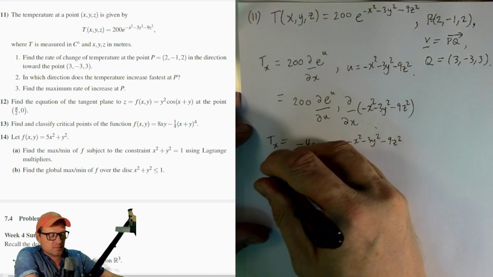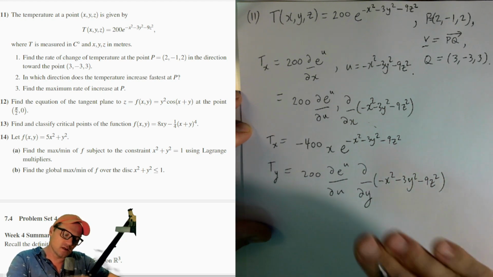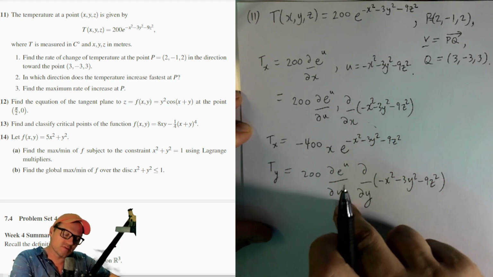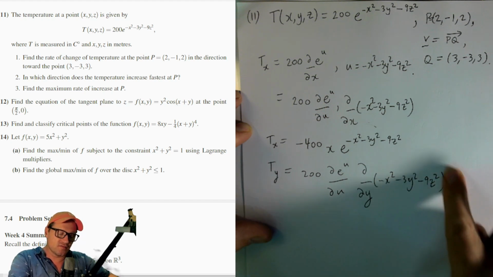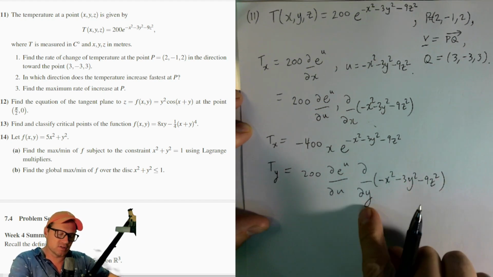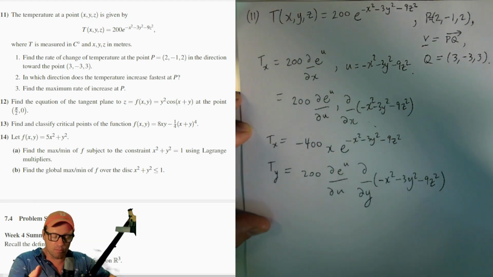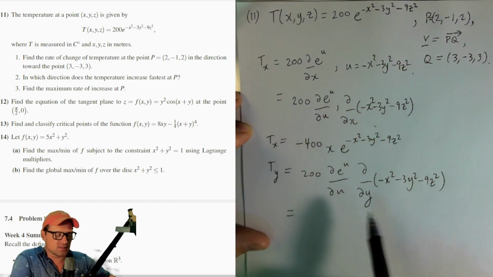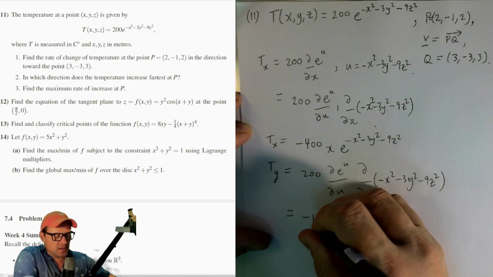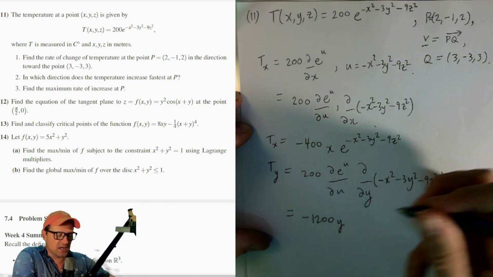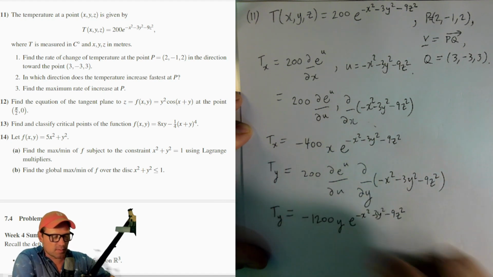So T subscript y, similarly, we have this, and the derivative of e to the u with respect to u is just e to the u. The derivative of this function of x, y, z with respect to y partially is 3 times 2, so minus 6y. We can bring that minus 6 together with the 200, so minus 1200y times e to the u. And so there we have T subscript y.